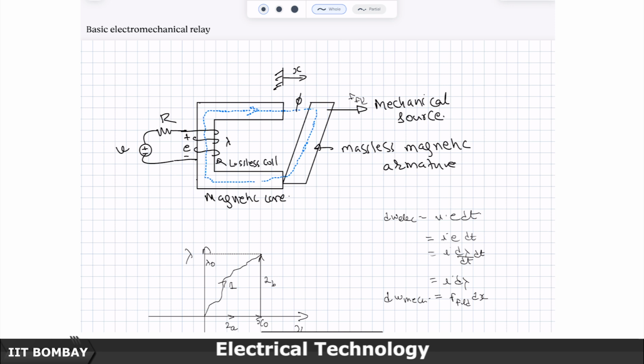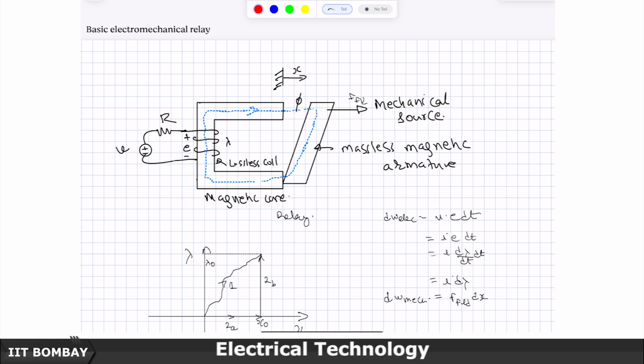So, we had this relay kind of a structure set up last time, and if you recall, this is what was there, and we had an armature. This is my armature, or a plunger or whatever, and when I energize this magnetic circuit, this will be pulled, because the magnetic field will attract.